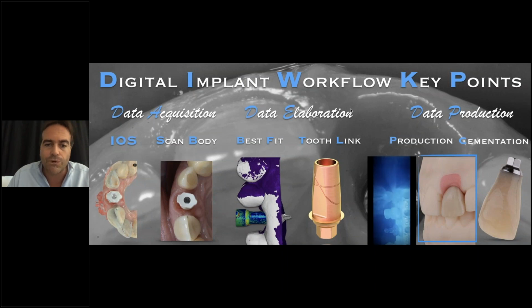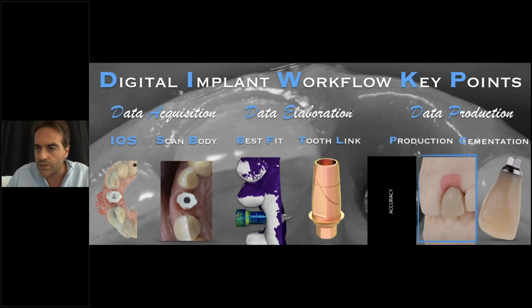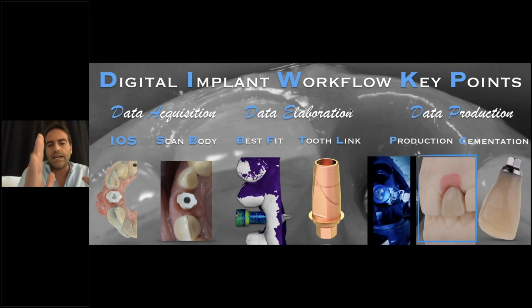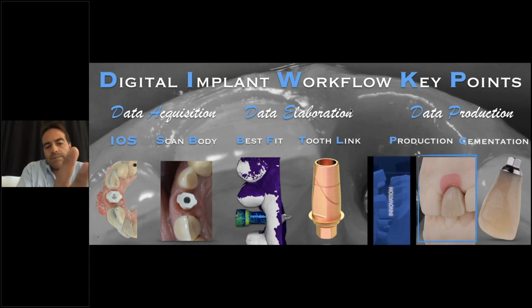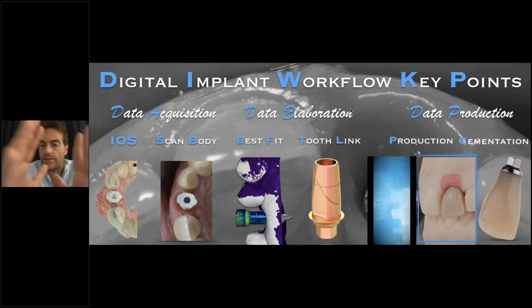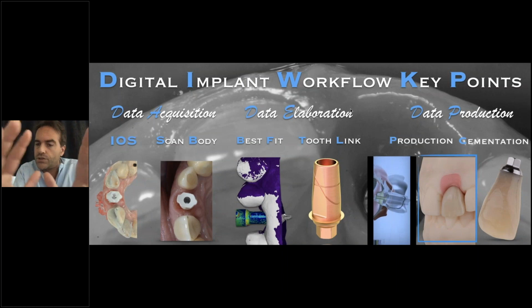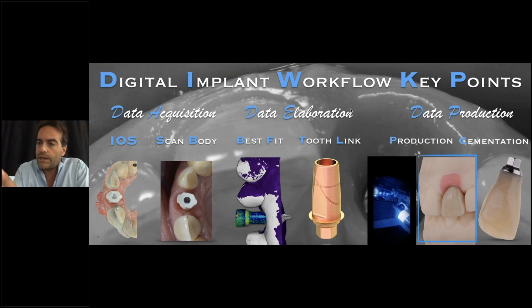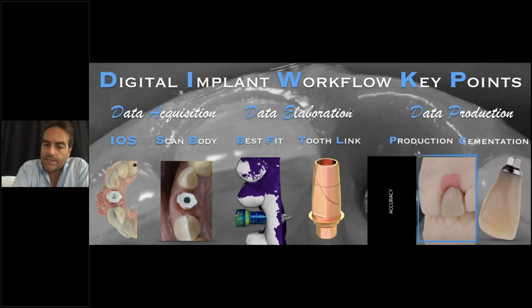A digital workflow is always made of acquiring data, elaborating data, and production of this data. And the data acquisition sometimes, especially in this case, is strictly related to the clinical side, whereas the elaboration and the production are most of the time related to the lab side.